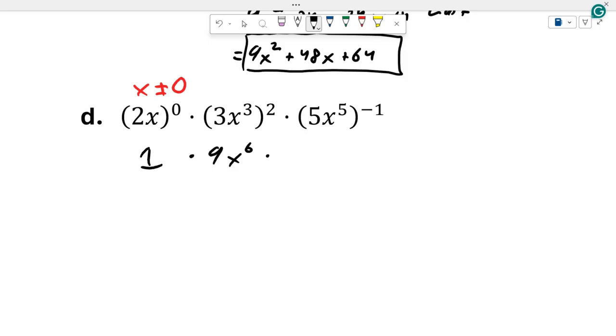Okay, times. Now I have something that is being raised to the -1 power. Well, again, as we saw in question 1, when you have a negative exponent, it basically means that if it's in the numerator, which it currently is, it moves into the denominator. Like that.